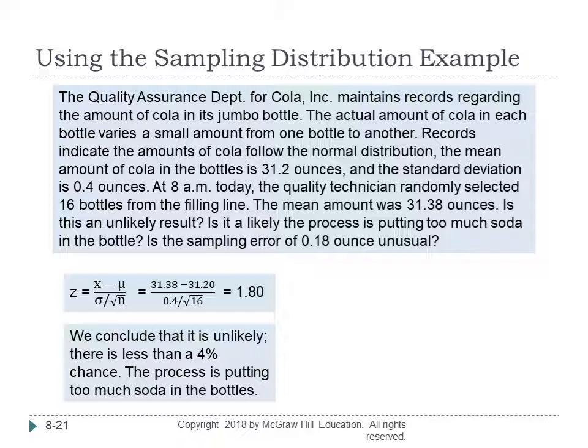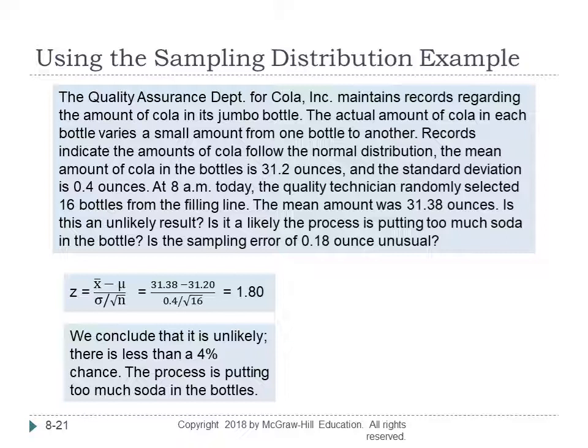The quality assurance department for a cola company maintains records regarding the amount of cola in its jumbo bottles. The actual amount of cola in each bottle varies a small amount from one bottle to another, as expected.